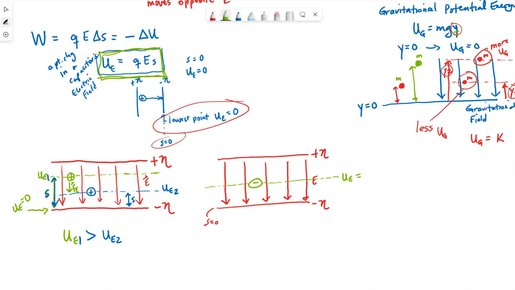But since the charge itself is negative, the potential energy will be negative. Which is a little kind of weird to think about.